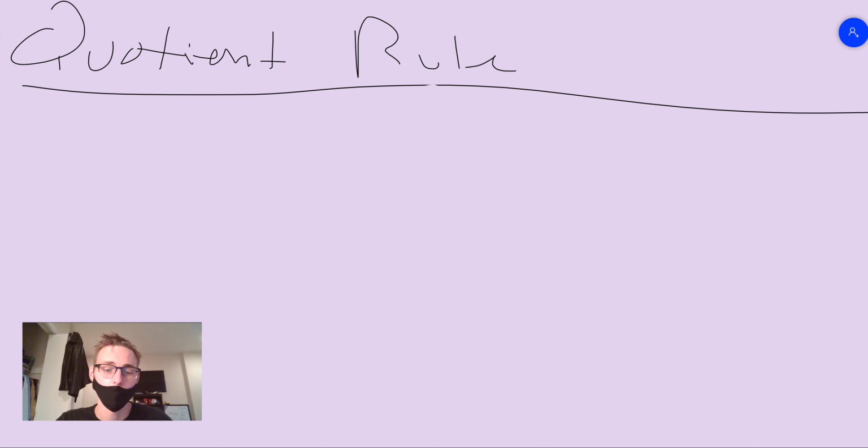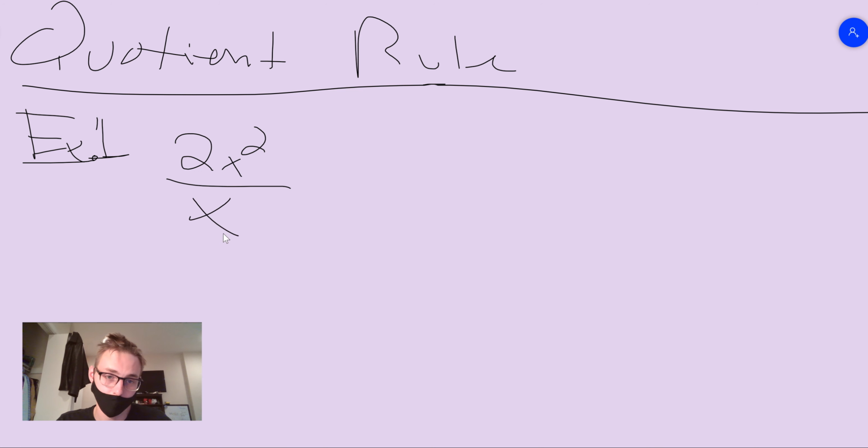You just need to practice with examples. So I'm going to give you one. Here we go. Example number 1. One important note is that you don't need the quotient rule for every single problem they give you. If you have a problem where it's 2x squared over x, you can simplify that into 2x, and then you don't need to use the quotient rule.